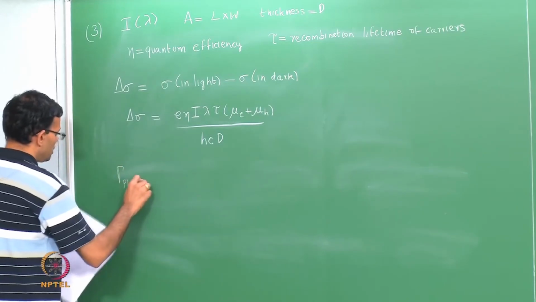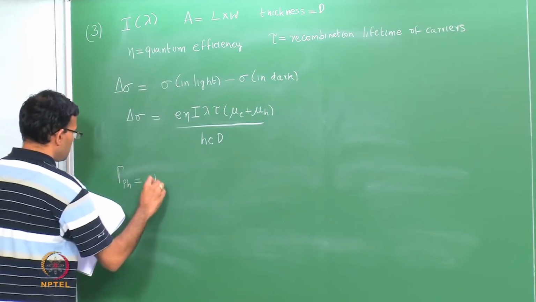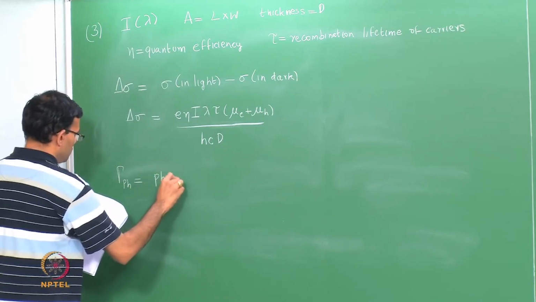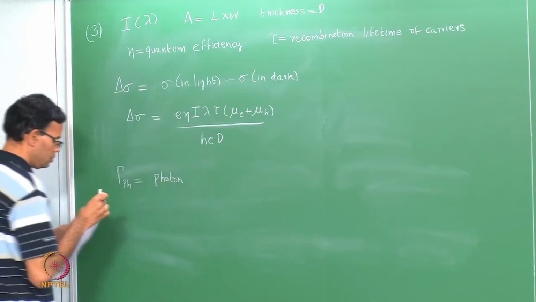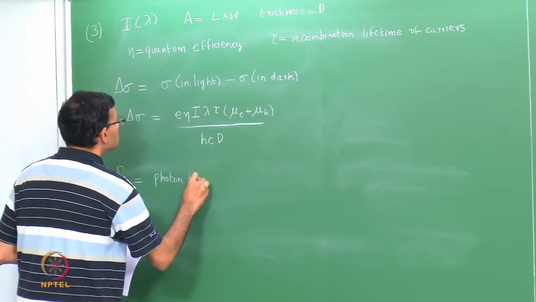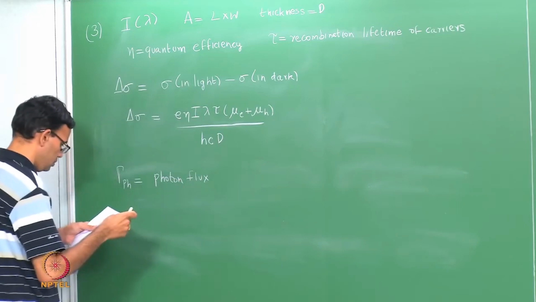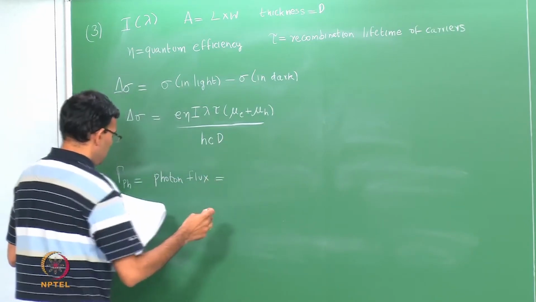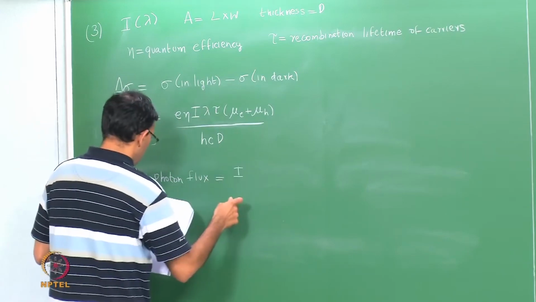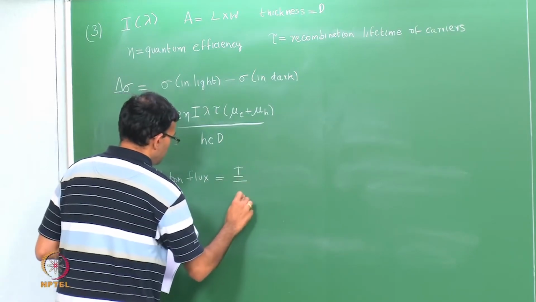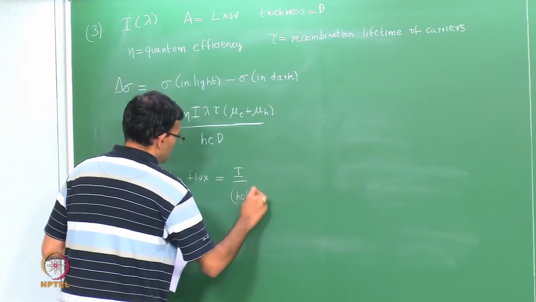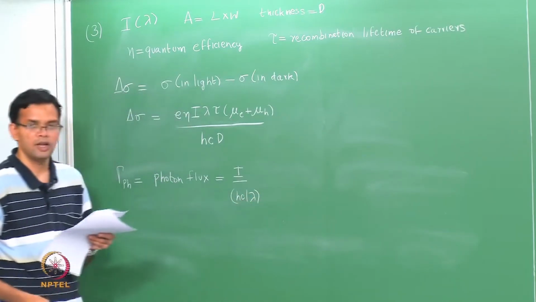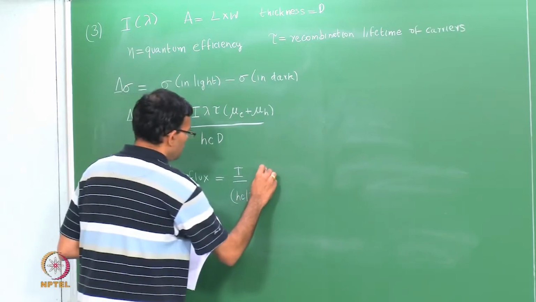So, phi ph is your photon flux, given by I, the intensity, divided by hc over lambda, which is the energy.